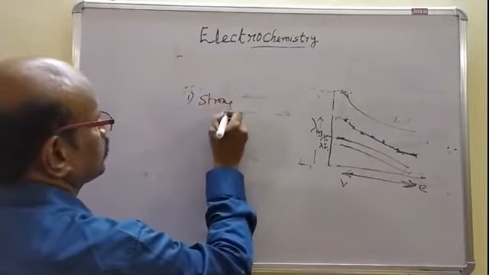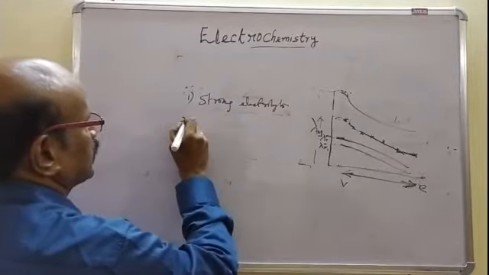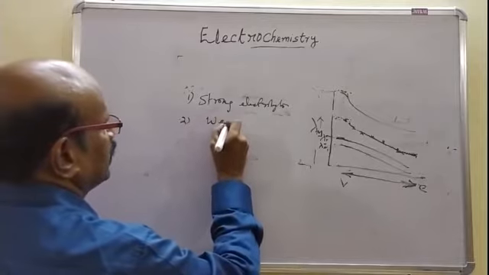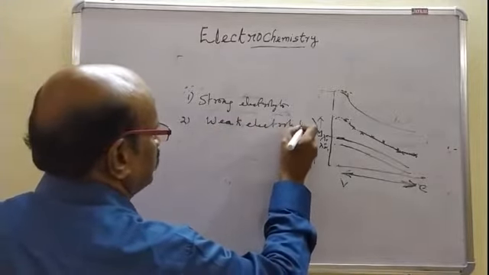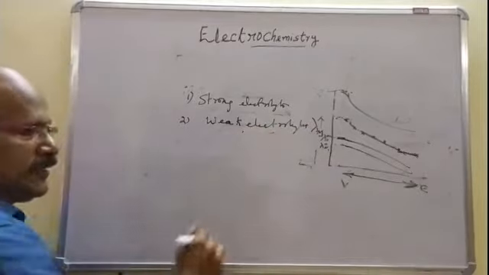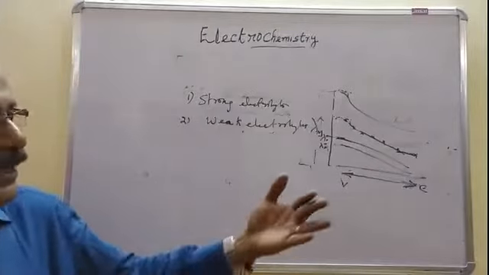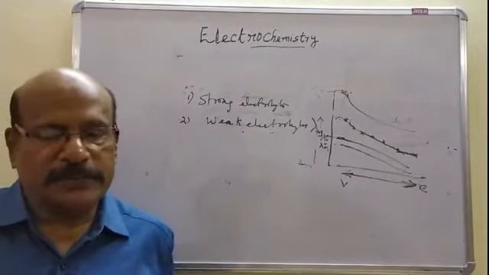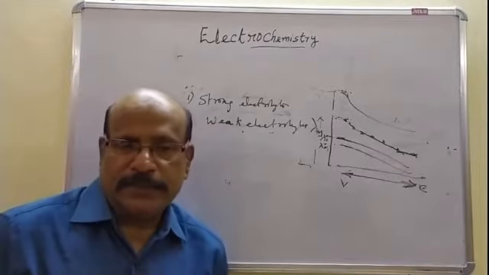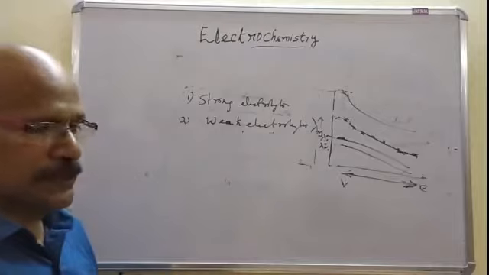Strong electrolyte, and second is weak electrolyte. Okay. So depending on the behavior or the variation of the molar conductivity with the dilution, we can classify the electrolyte into two categories. One is a strong electrolyte and the other is a weak electrolyte.